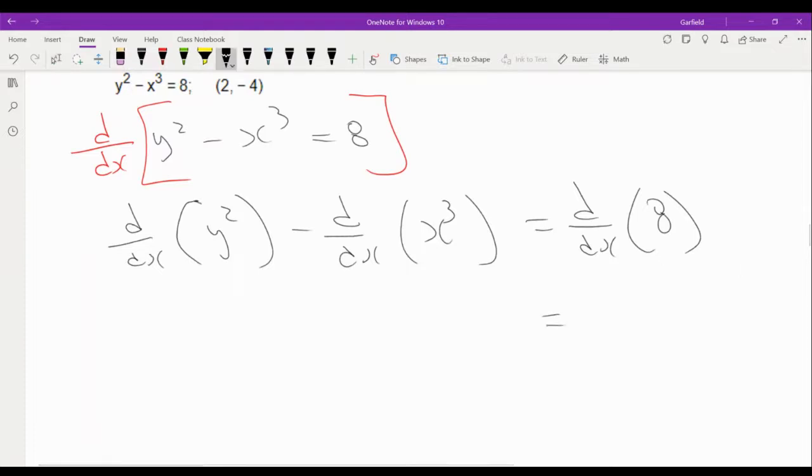Now, let's start from the right and work our way left. What's the derivative of 8? 0. I agree. The derivative of any constant is always going to be 0, right? How about the derivative of x to the third? Three x squared. I agree.